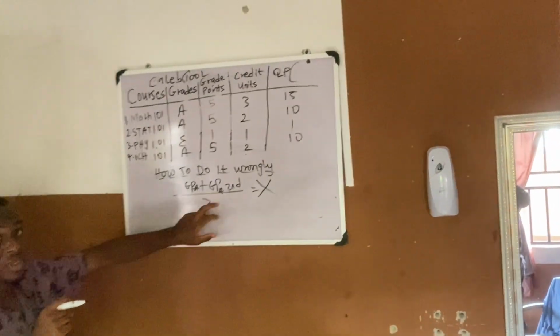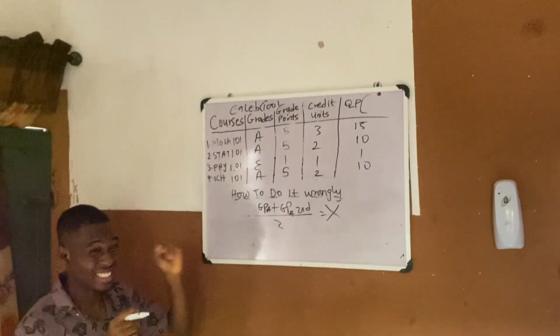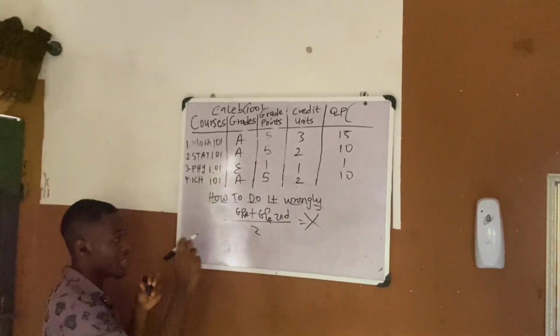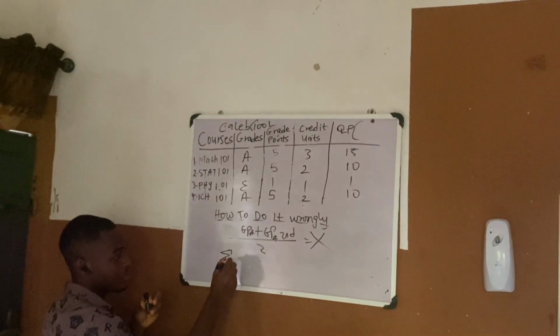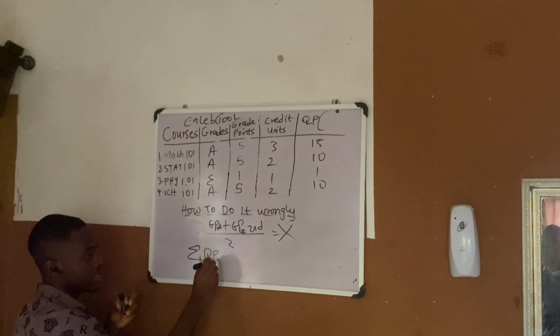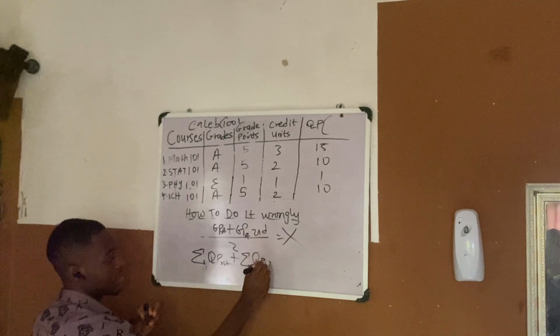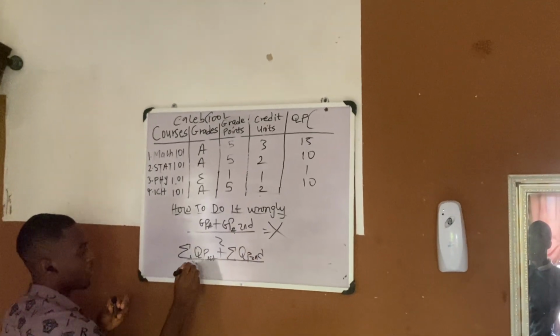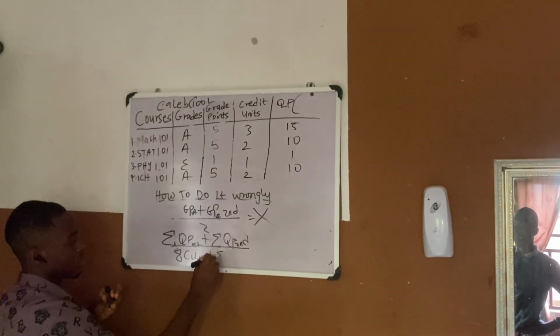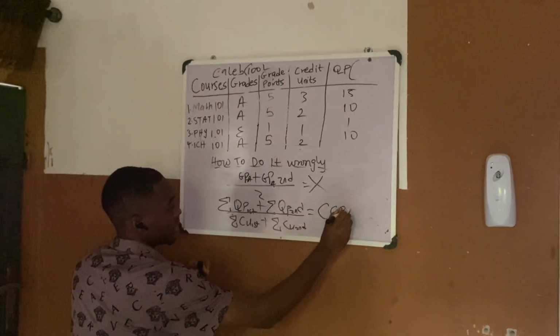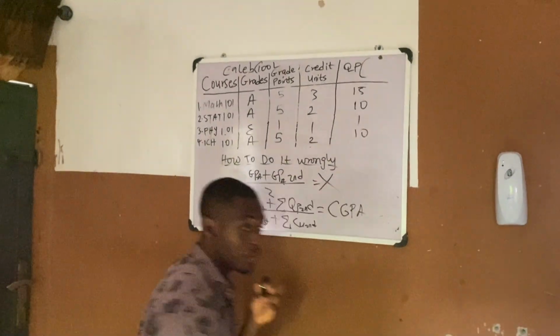This might give you a rough estimate, but if you want to get your exact CGPA, you're supposed to use that initial formula I gave you, which is what? Sigma QP1, quality points for first semester, plus sum of quality points for second semester, all over sum of what? Credit units for first plus credit units for second. This is what will give you your CGPA. So that's it. So moving into the next one.